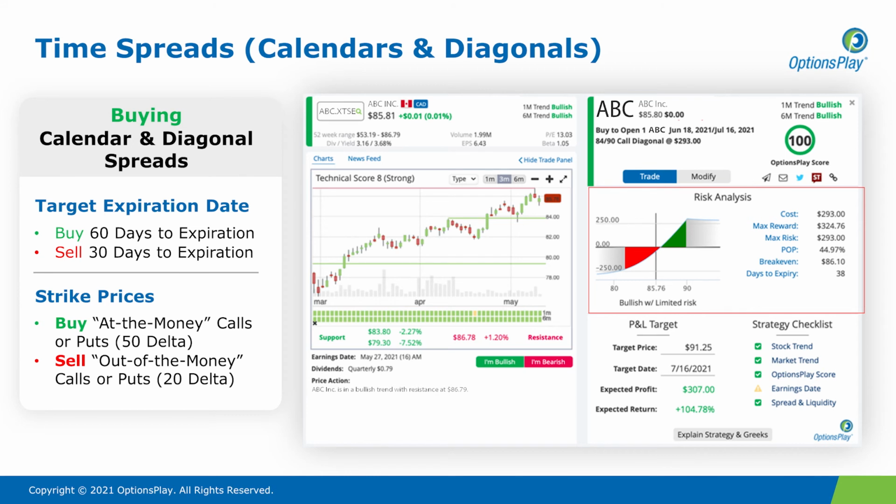And then diagonals are similar to calendars, but the strike prices are different. So in this particular case, if I was to buy an $85 July option, I can sell maybe a $90 June option against it. So an out of the money, shorter dated option.